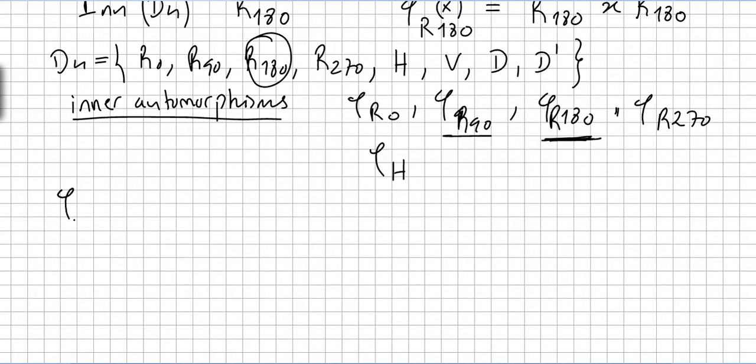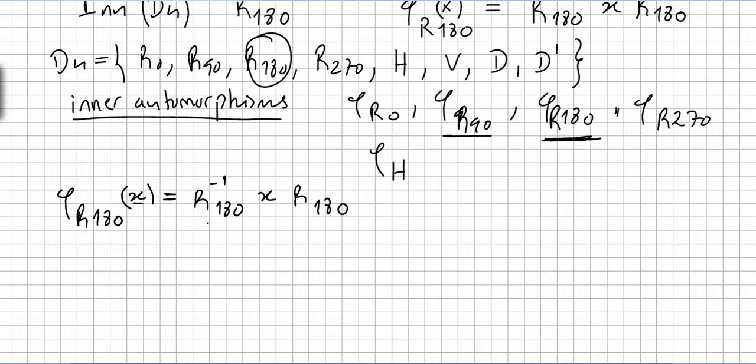So that will be phi of rotation of 180 degrees, element x, equal to the rotation in the inverse sense, x, and rotation 180 degrees. Let us pick any element x.